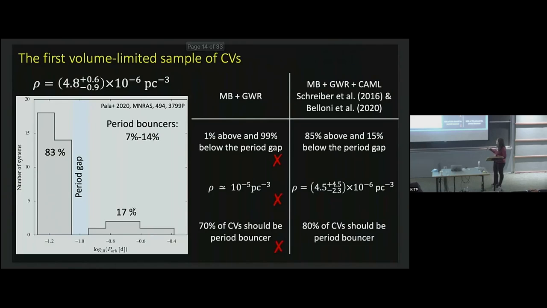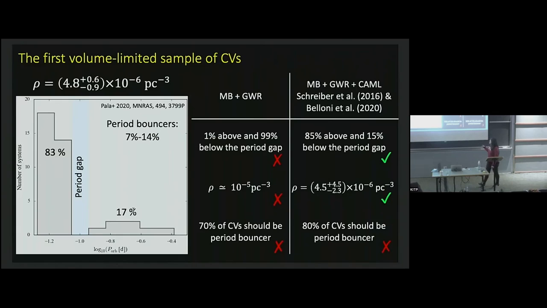The situation gets better when we include the additional source of angular momentum loss, the mass dependence. In this case, the fraction of systems above and below the period gap is in better agreement with the observations. Space density also gets into better agreement, but we still have the problem of the missing period bouncers.